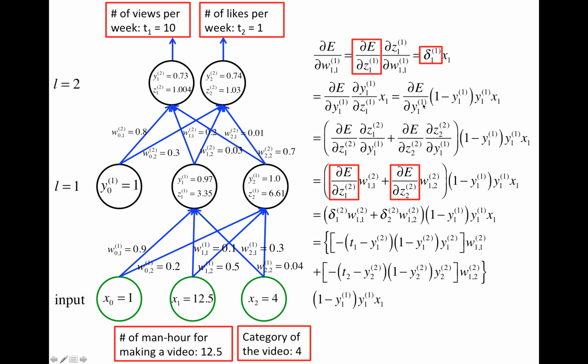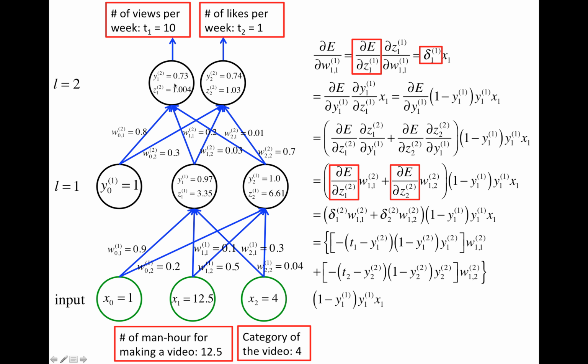So partial E, partial Y11 actually equals what? It equals partial E, partial Z21. That's the derivative of the error with respect to this particular logit, multiplying partial Z21, partial Y11. So here we have applied the chain rule again.